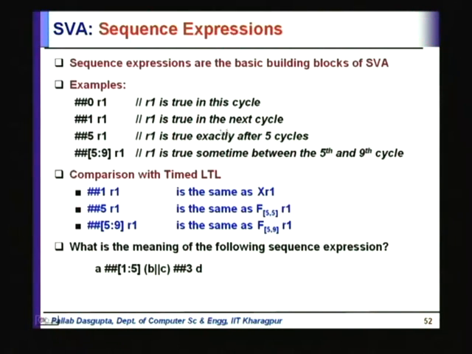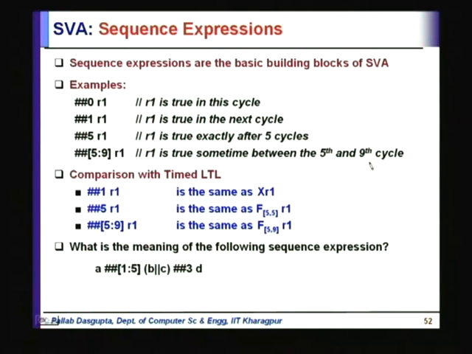It means R1 is true in the next cycle. #0 R1 means R1 is true in this cycle itself, right. #5 R1 means R1 is true exactly after 5 cycles, and #5:9 R1 means R1 is true sometime between the 5th and 9th cycle.